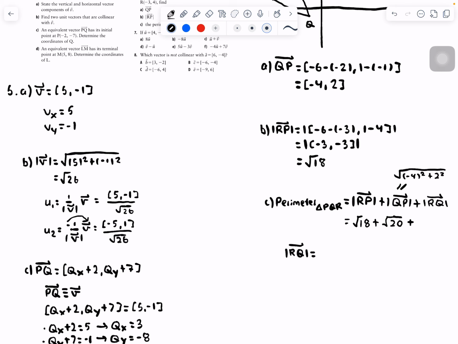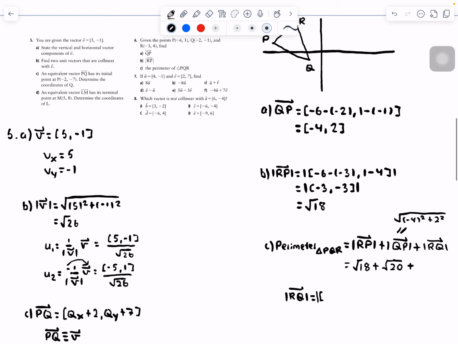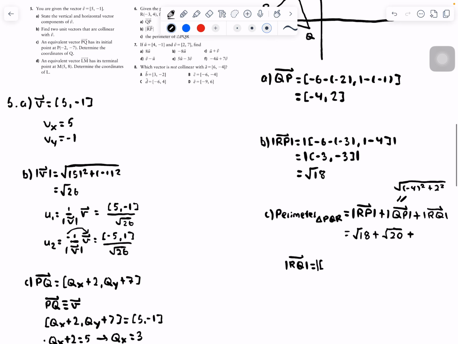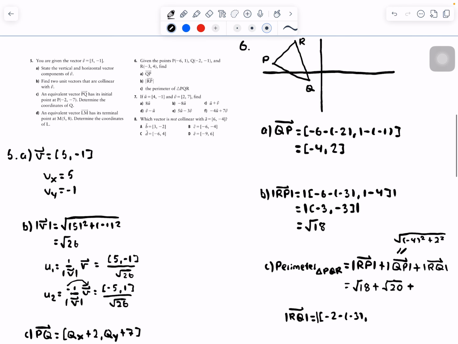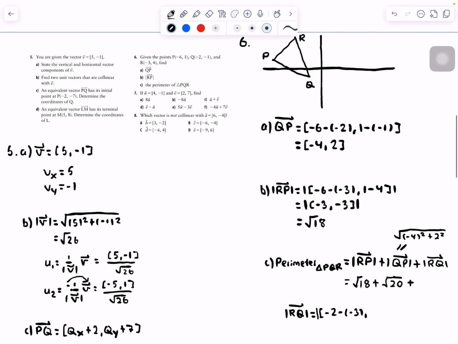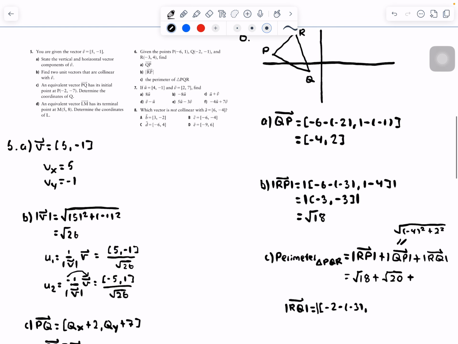I'm going to do this quite quick. So RQ, -2 minus -3, and then -1 minus 4.